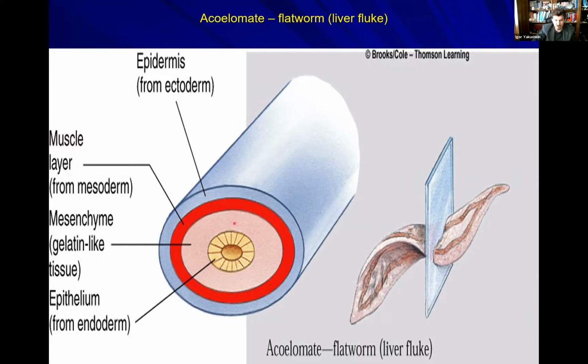Now the mesoderm and endoderm do not form any cavity. Well, technically there will be a cavity which is filled up with gelatin-like tissue. So there is no cavity per se, it's filled up. All right, no cavity means acoelomate. Example will be flatworm.